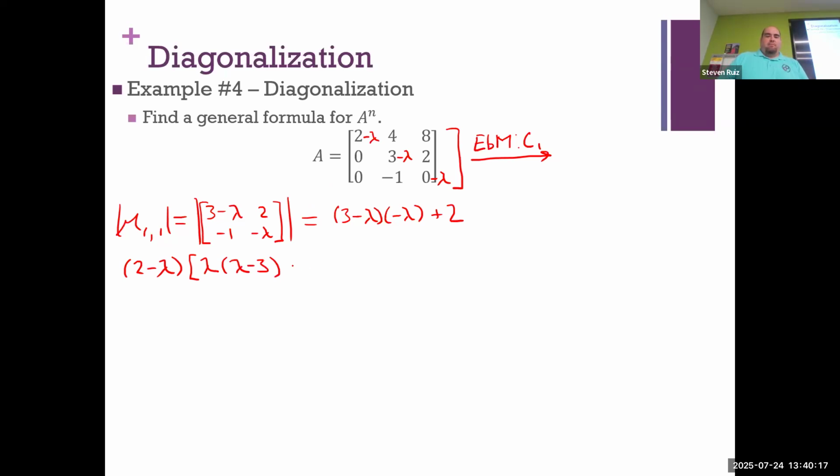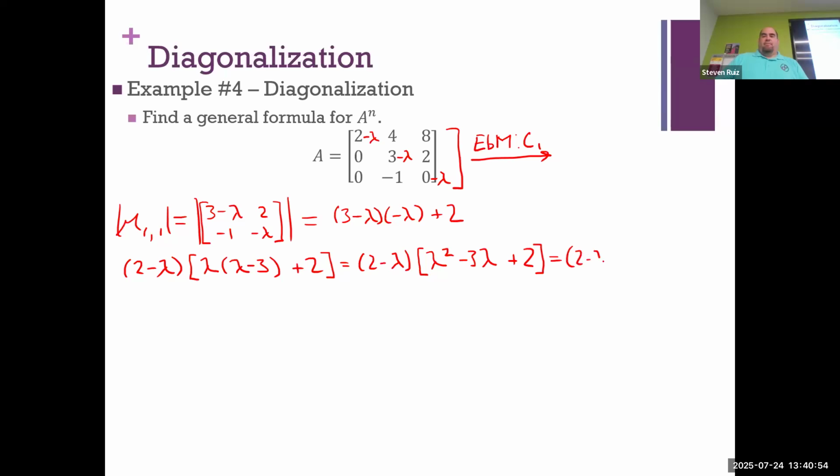Do a little bit of rewriting. Does that factor again?